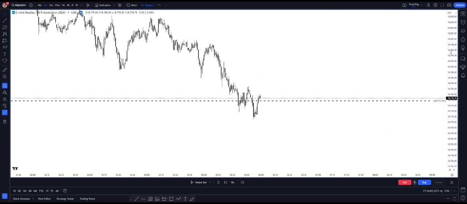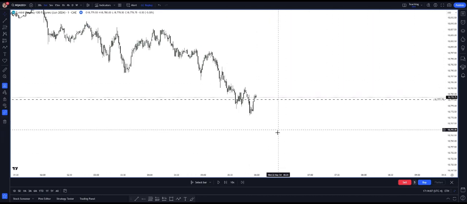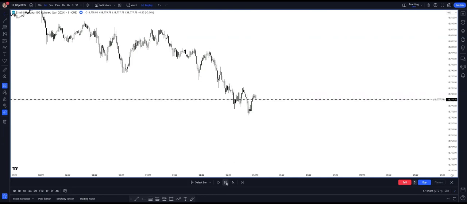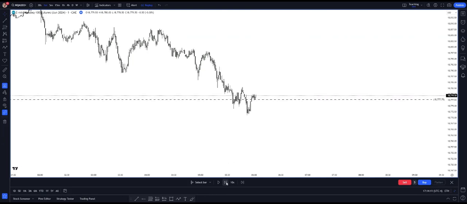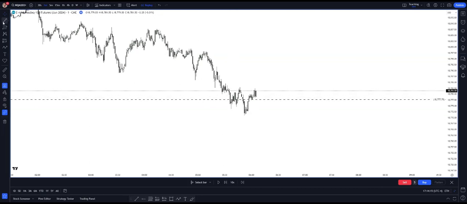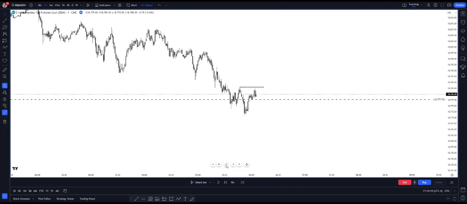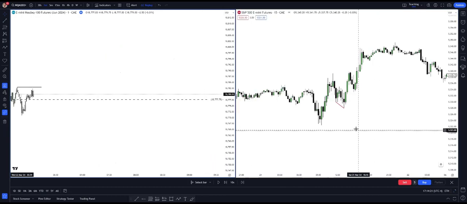So here I'm watching the price. It's 6 a.m. though, but anyways, let's keep watching it. Here it seems like it's having a hard time breaking out. I'm going to pull up ES as well on the 1 minute.